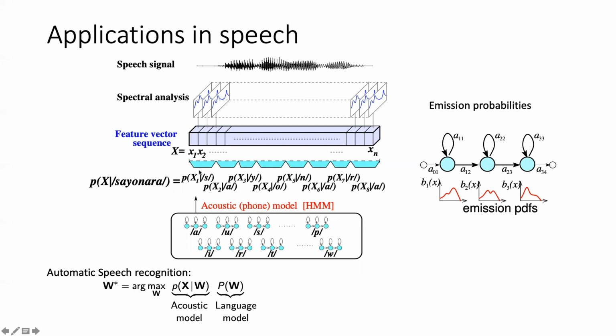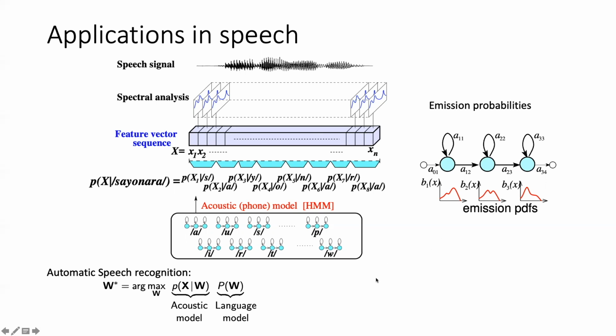Given an acoustic sequence as input, the acoustic model is modeled using HMM, and it estimates the best possible phone sequence. Since the observations are in continuous space, unlike in the POS tagging problem where we considered a probability mass function, in speech applications we consider emission probabilities as continuous densities, and this can be modeled using Gaussian mixture models.